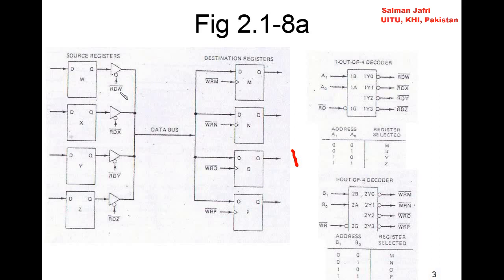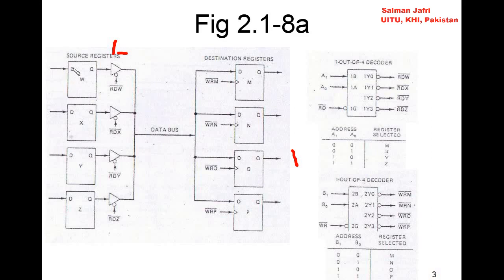For example, if RDW bar is 0, it means the output Q from W is connected to the data bus. And if RDW bar equals 1, this tri-state buffer is in a high impedance state and behaves as an open circuit, and Q is not connected to the data bus.